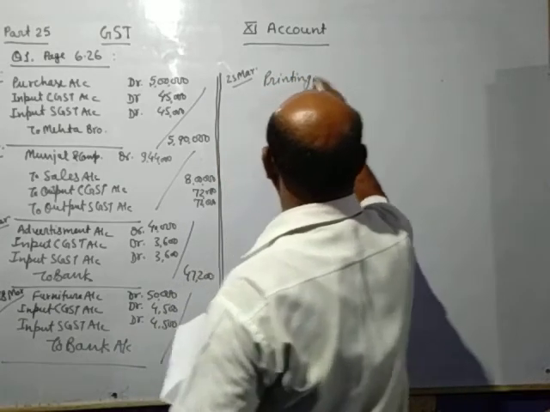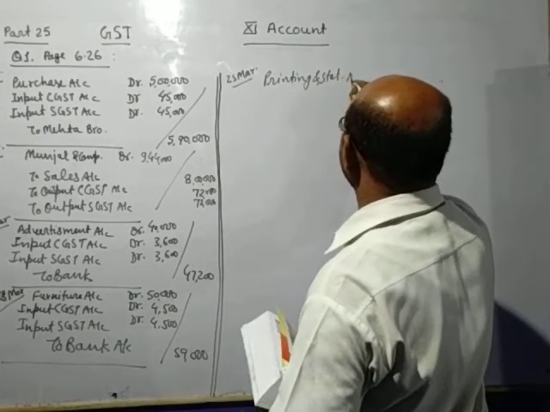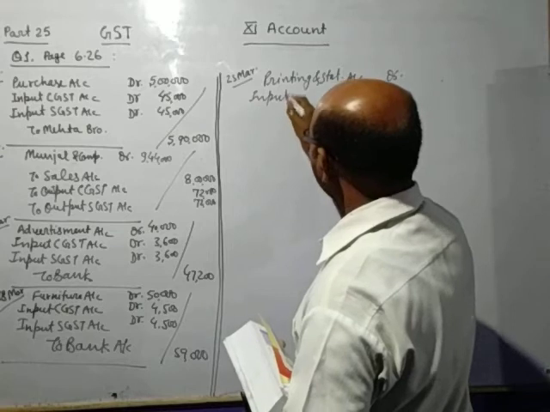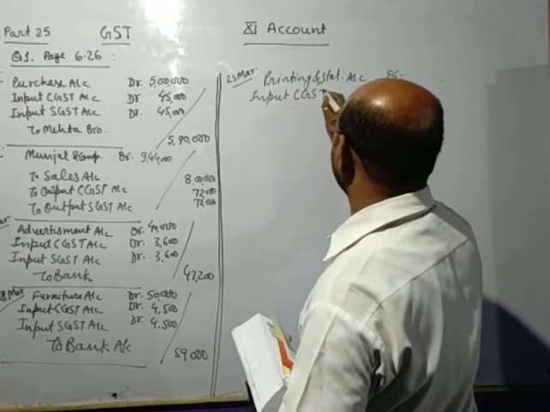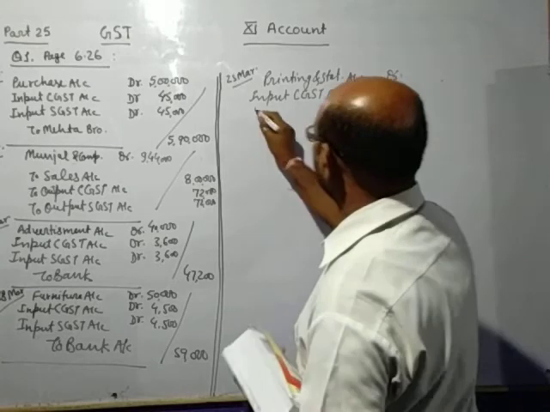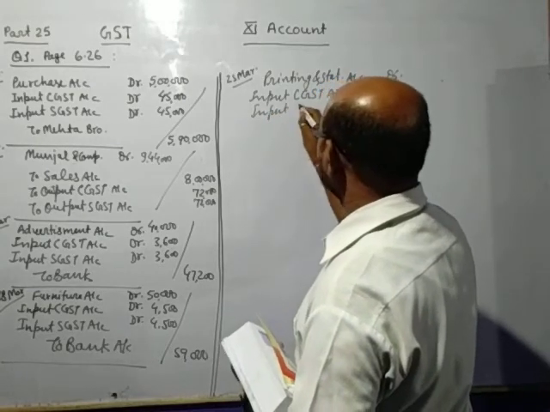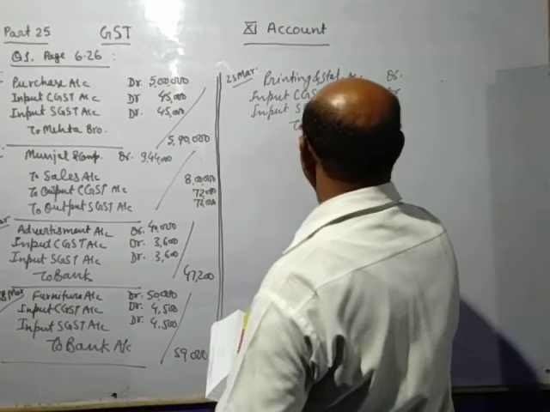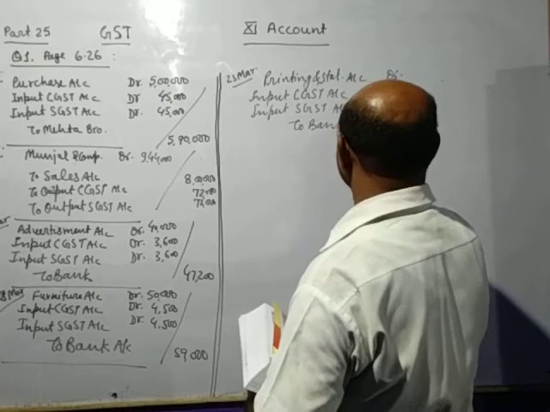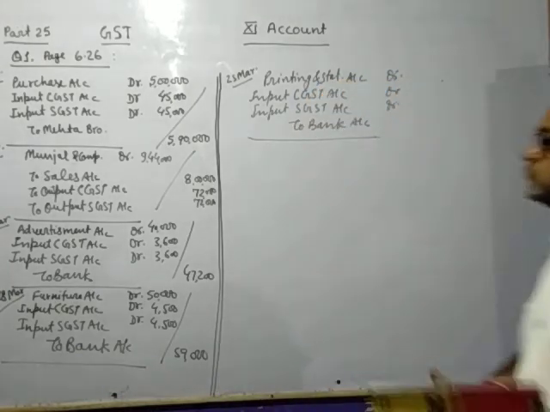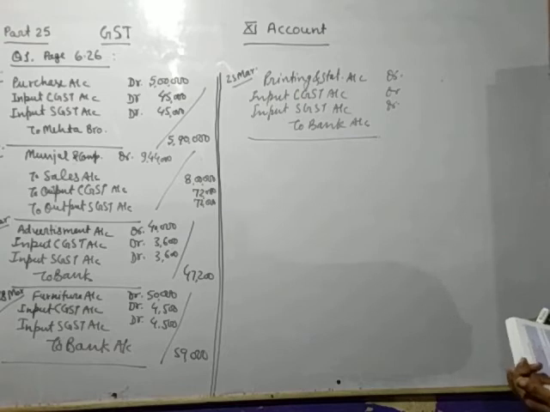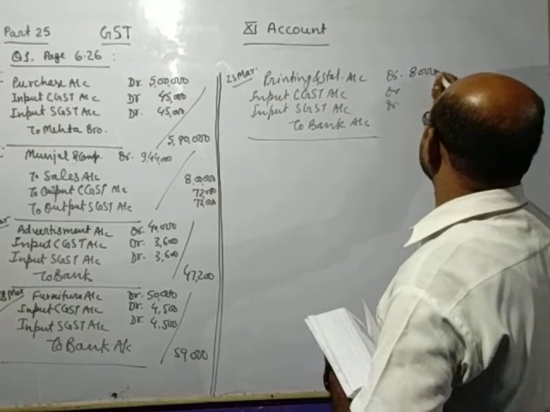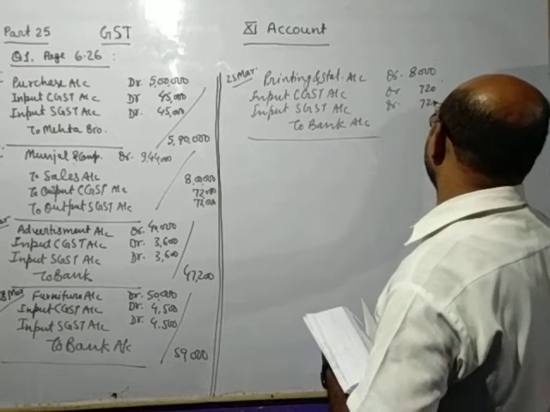So printing and stationery account debit, input CGST account debit, input SGST account debit to bank account. Now amount of stationery is 8,000. So GST 720.